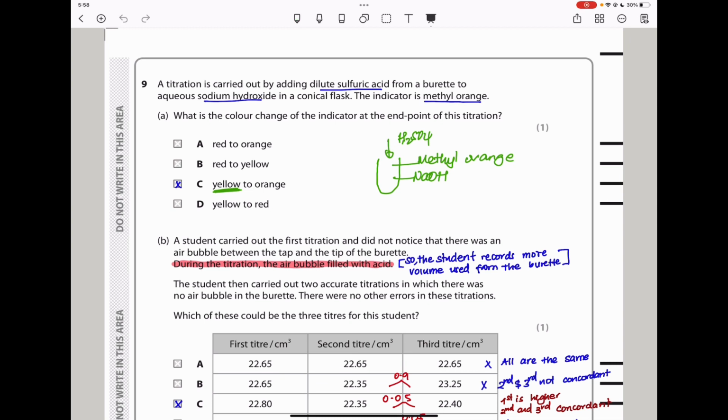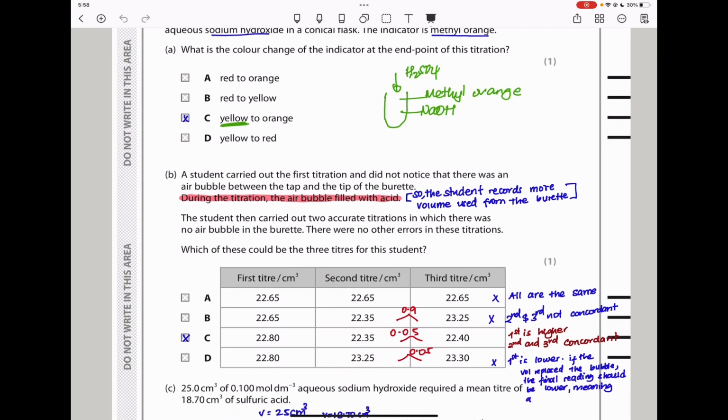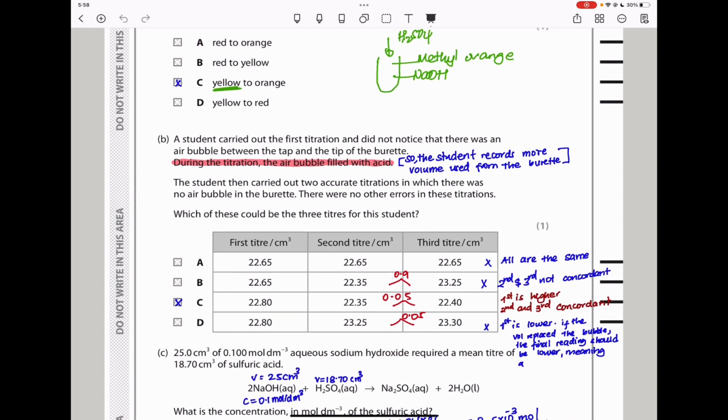And yeah, that's it. Moving on to question B, which says a student carried out the first titration and did not notice that there was an air bubble between the tap and the tip of the burette. During the titration, the air bubble filled with acid. And again, you should see that in most of my papers, I try to write as much explanation as possible. Even the explanations I'm not going to say, I write them on the paper so that as you read, you have extra explanation.